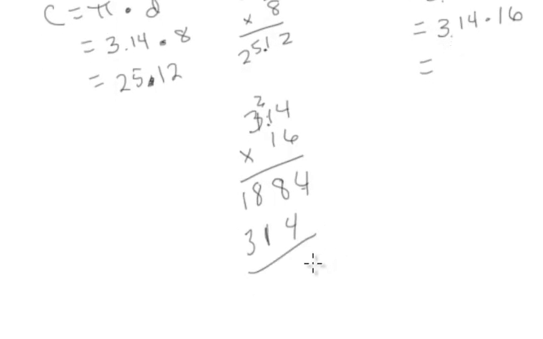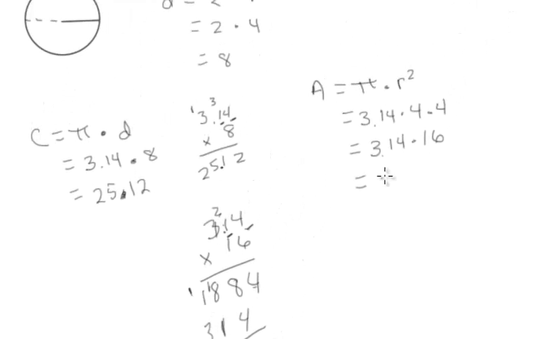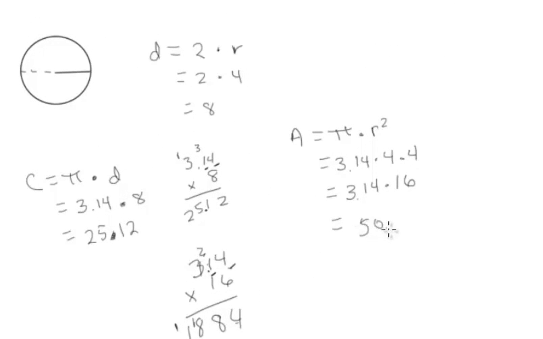So now we add those together. 4. 8 and 4 is 12. Carry the 1. 8 and 1 is 9, plus the 1 is 10. Carry the 1. And now we have 5 there. And now we need to add back in the decimal places of 2. So it's 50.24. So our answer is 50.24 for the area.